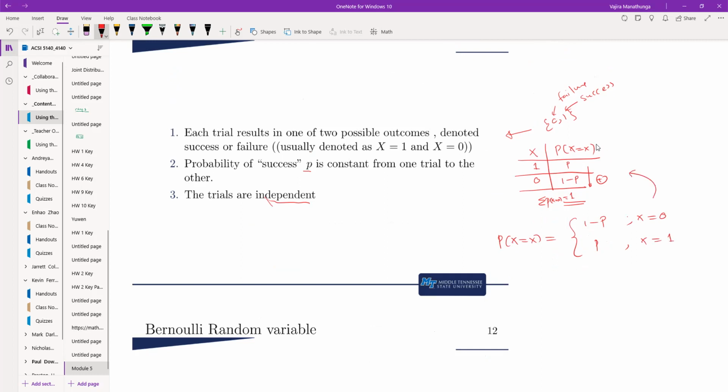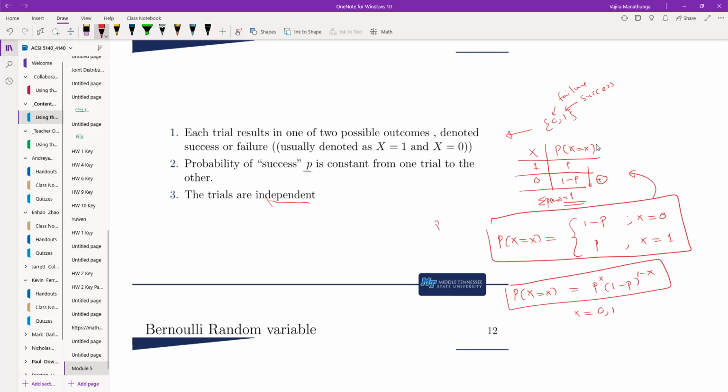The same thing from this table, I just wrote it as a mathematical formula. Or you can write it as one line: p^x (1 minus p)^(1 minus x), where x is 0, 1. You can use one of these setups. So this is the probability mass function.